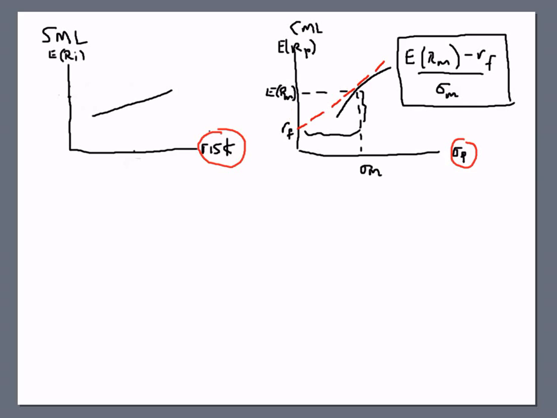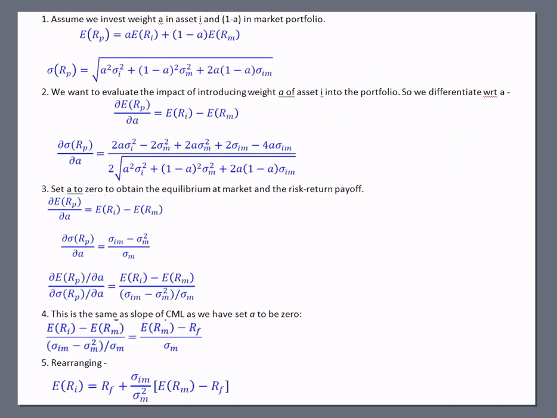Let me go into a more detailed proof, which is actually quite mathematical, but bear with me. So assume that we invest a certain weight A in this asset, single security i, and then we invest 1 minus A weights in the market portfolio.